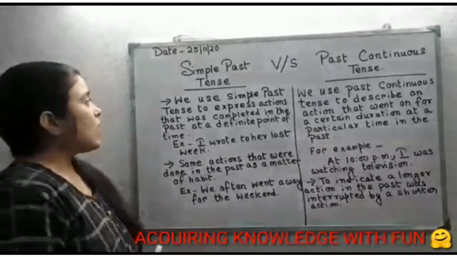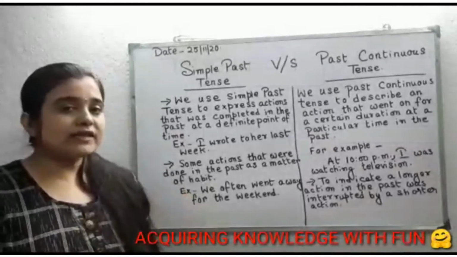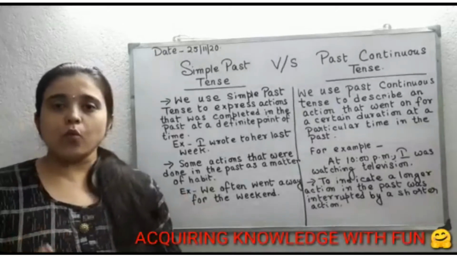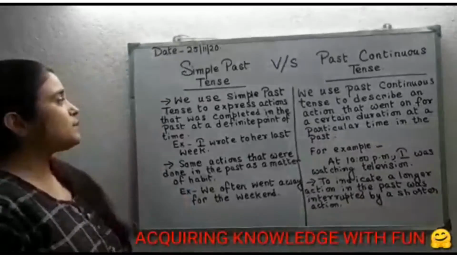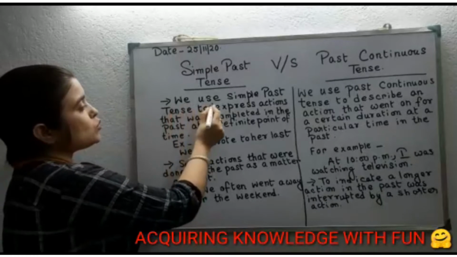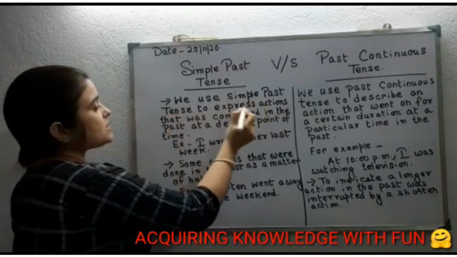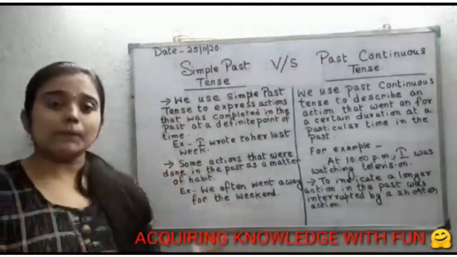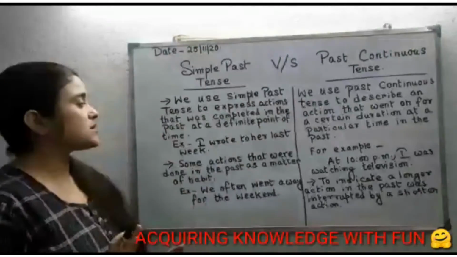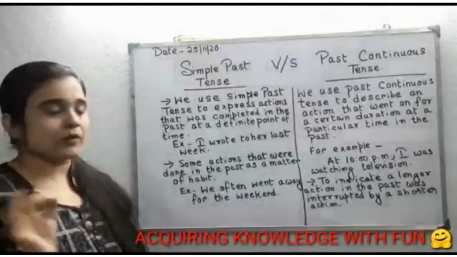Now, I'm going to explain what is simple past tense and what is past continuous tense. What is simple past tense? We use simple past tense to express actions that were completed in the past at a definite point of time. Okay?